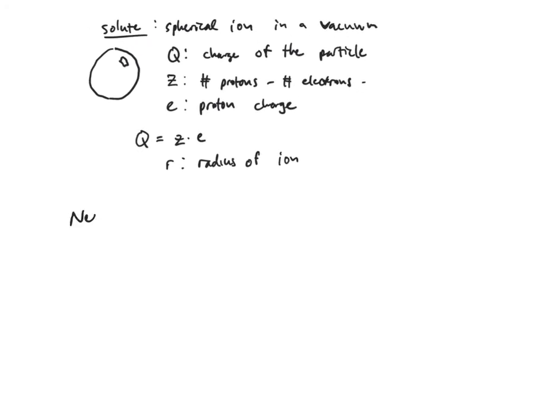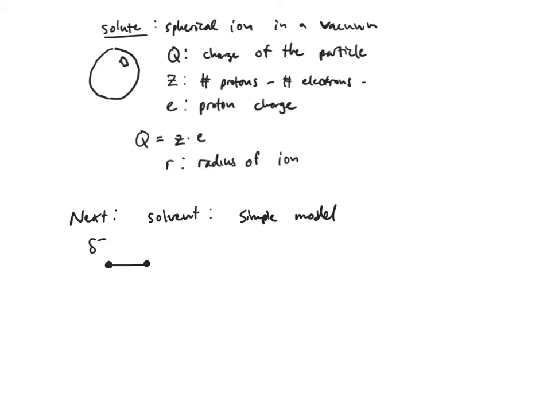Okay, so next we have to consider the solvent. What are the solvent molecules going to be like? We're going to make a very simple model of the solvent. We're going to assume that it is what is called a dipole.